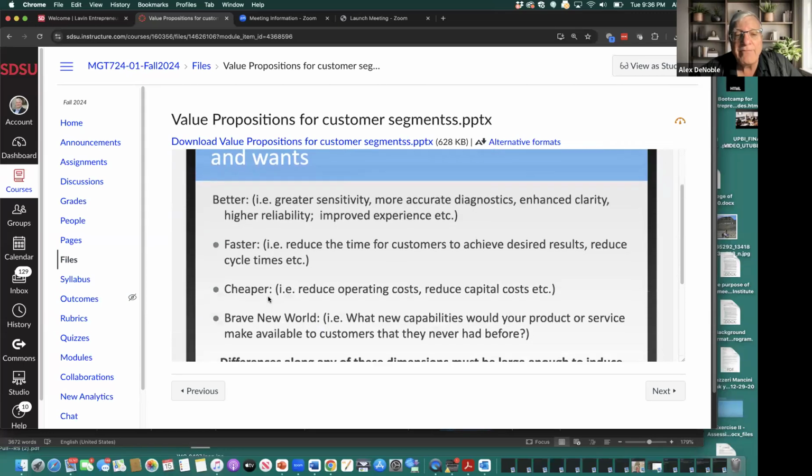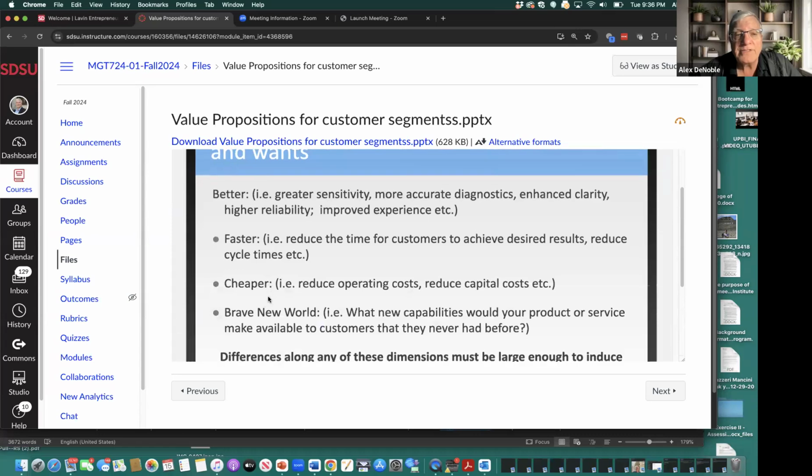I like to think of your product or services this way. Are you offering the customer something better than existing alternatives? Better might be greater sensitivity, more accurate diagnostics, enhanced clarity, higher reliability, improved experience.